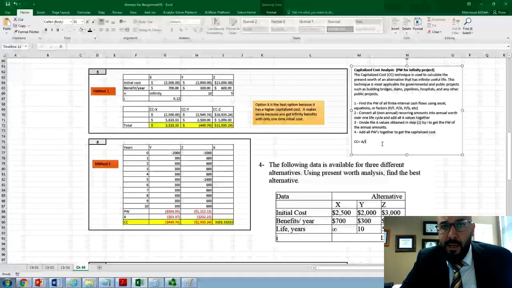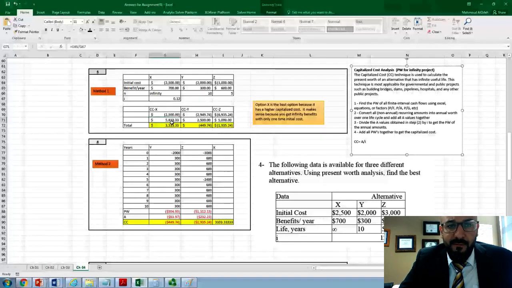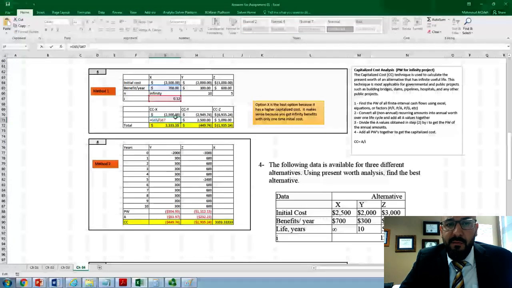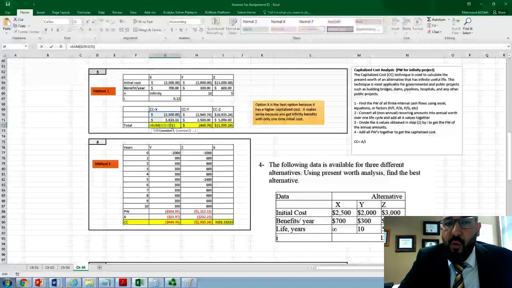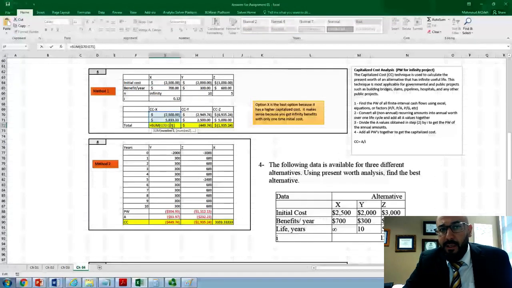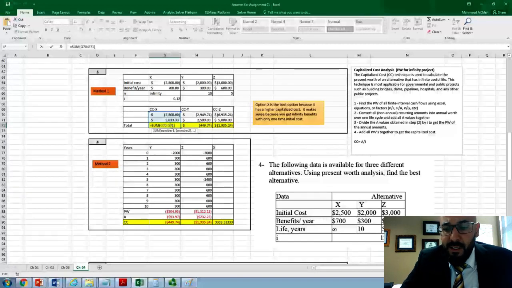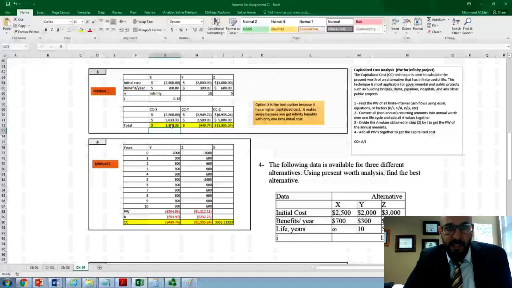A is the uniform series, or the annual payment, or the annual benefit. So what we did here, we divide the 700 by i, the 12%, and then we add these together to find the present worth for the infinite alternative. Now for Y and Z, that's a different scenario.